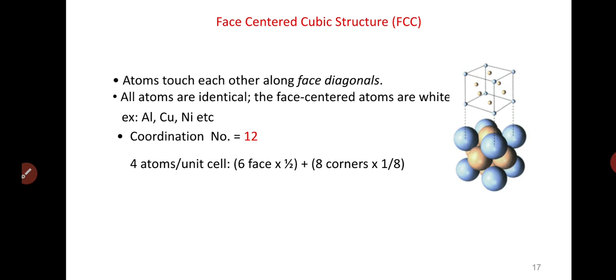So total atoms: 8 atoms at the corners and 6 atoms at the center of each face. In the diagram we can see the atoms at the center of each face are shown by different colors.